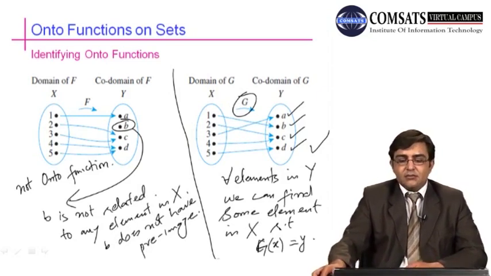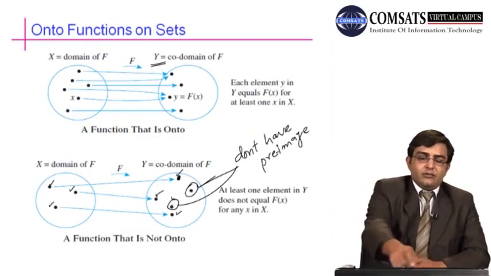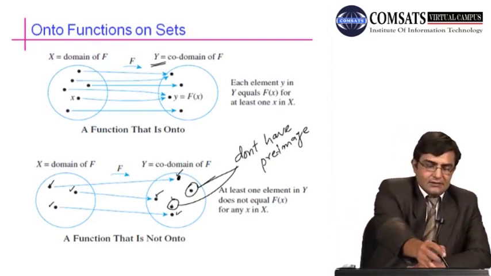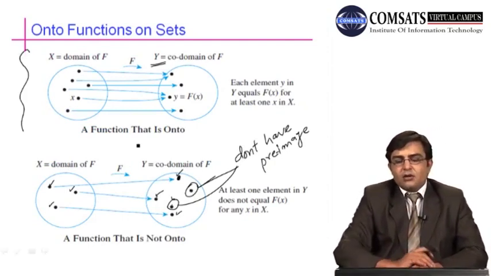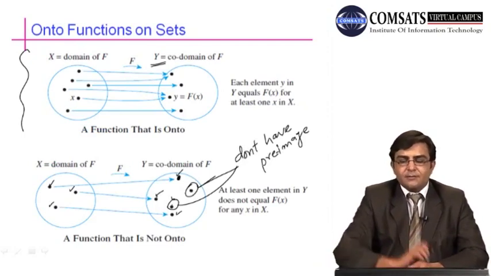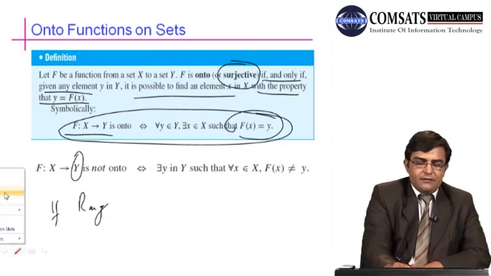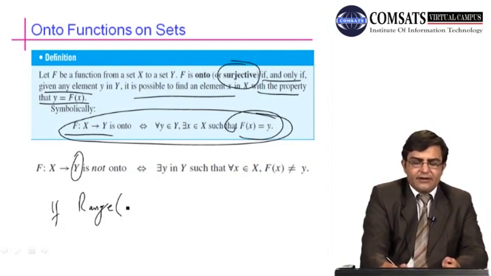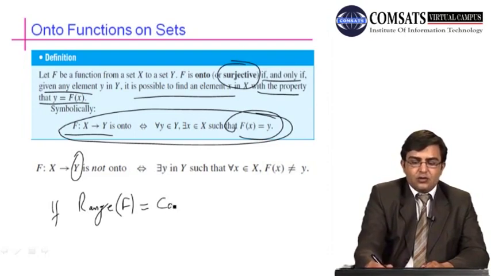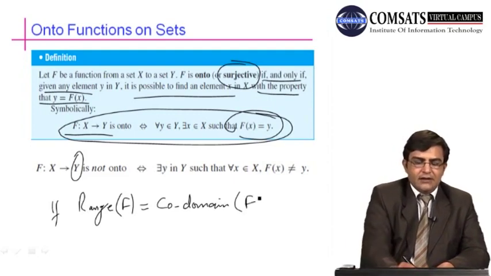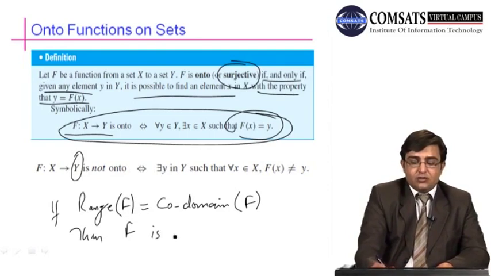We can say this because of the definition of an onto function: if the range of any function f is equal to the codomain of that function, then that function f is an onto function.